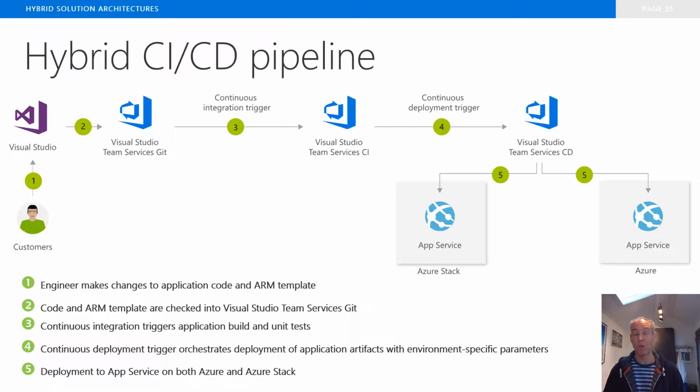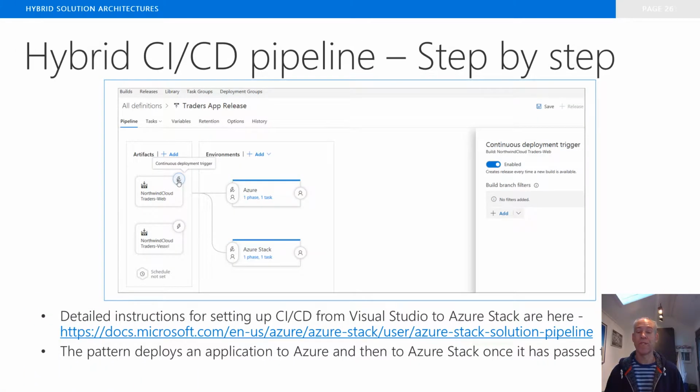In the example, we're using Git as the repository, although other options are possible. And you set up your project for continuous integration, so it can be triggered. It uses Visual Studio and Visual Studio Team Services to deploy the application. And it can go either to the app service on Azure Stack or the app service on Azure. So this is a foundational piece for a DevOps pipeline build.